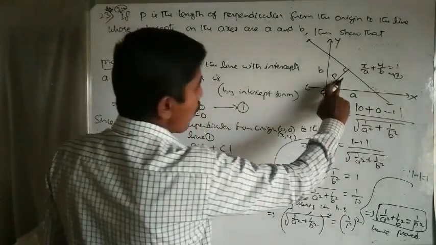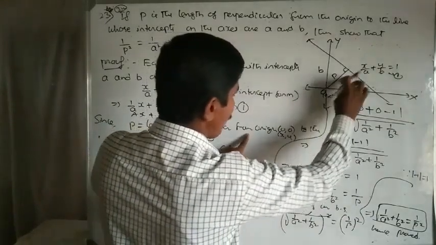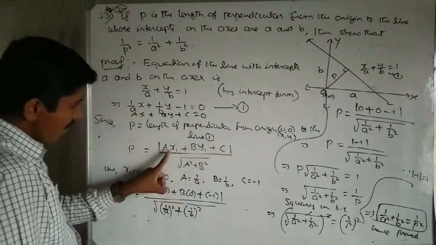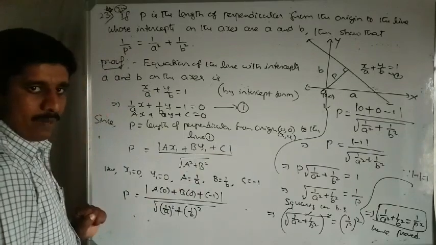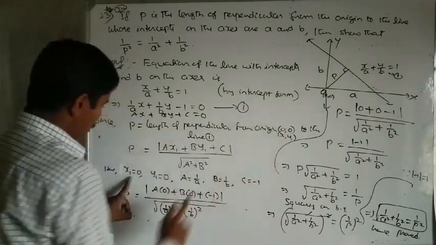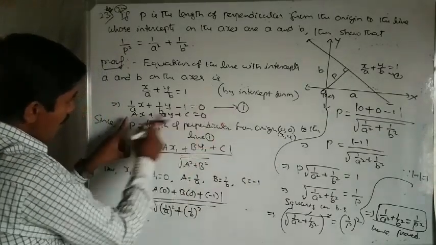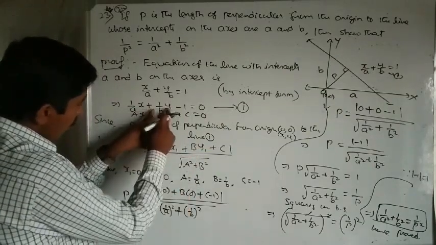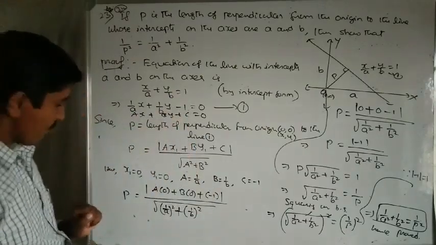Here p is equal to the length of the perpendicular from the origin (0, 0) to line 1. P is equal to the formula: modulus of (a x1 plus b y1 plus c) divided by root of a square plus b square. Origin means here x1 equal to 0, y1 equal to 0. In line 1, x coefficient a is equal to 1 by a, y coefficient b is equal to 1 by b, c value is minus 1.